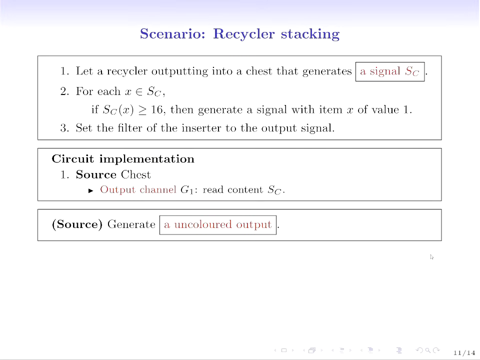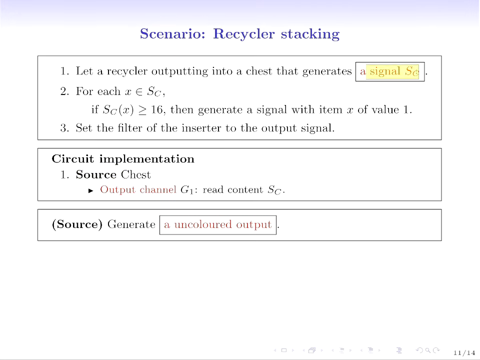But remember, in this video, our goal is to explain how you would come up with a circuit design that solves this problem. And I will try to give you a systematic way of designing this circuit. So let's look at the 3 steps that I want to achieve in this circuit. The first, reading a chest would correspond to a source.